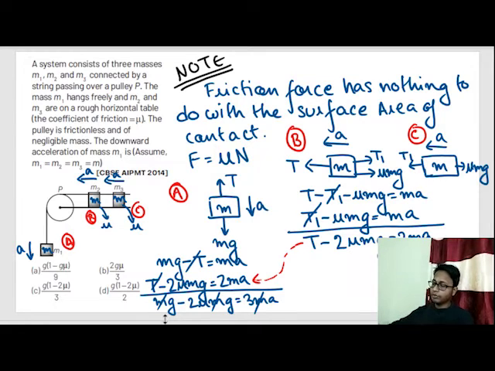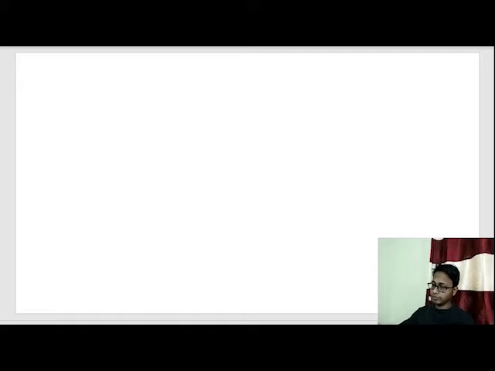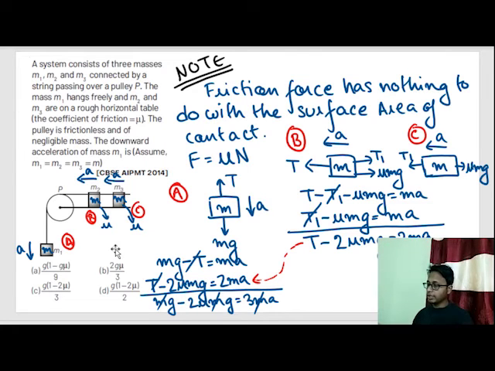If we try to solve this equation, let's copy paste it.